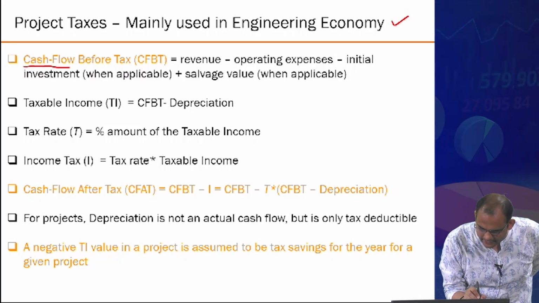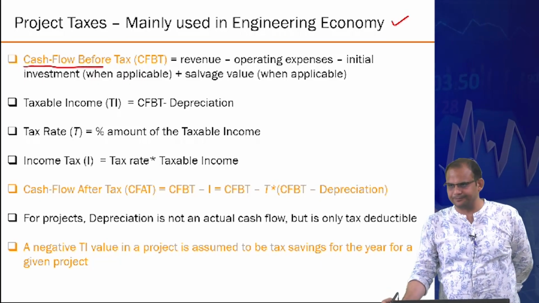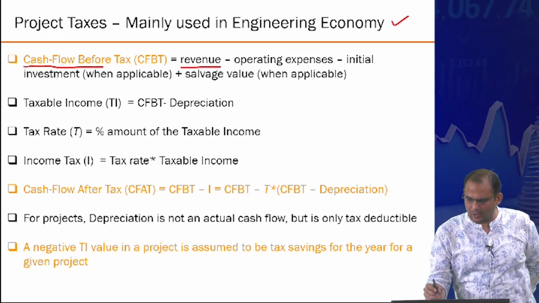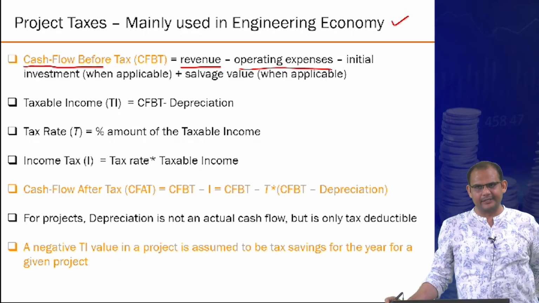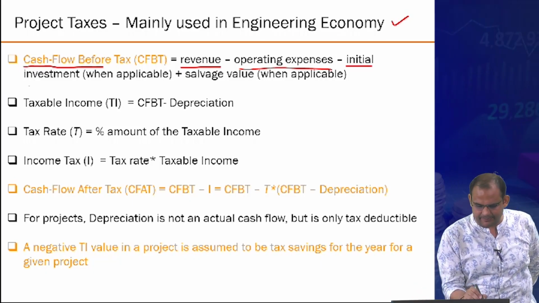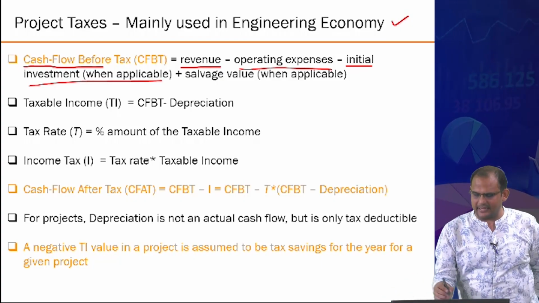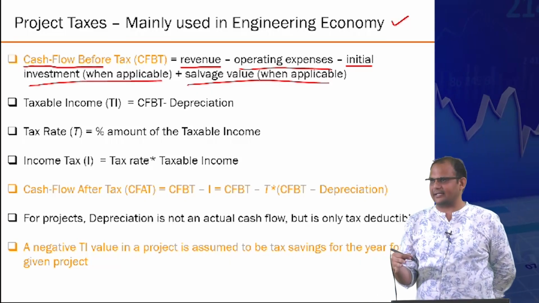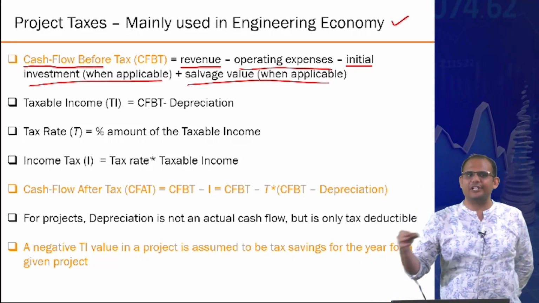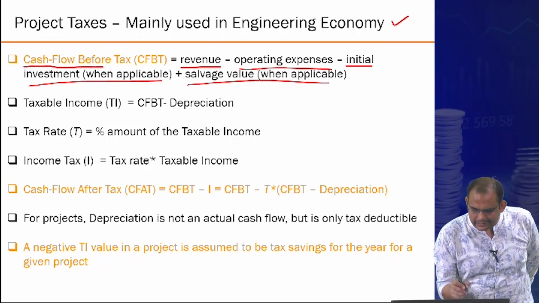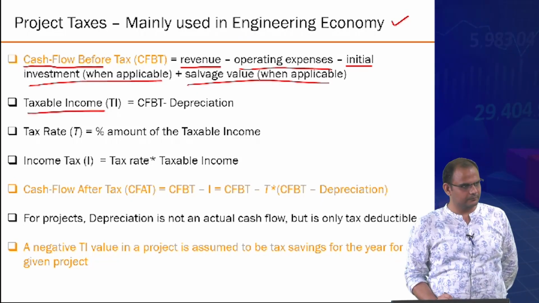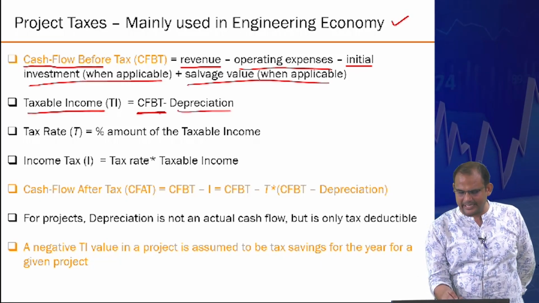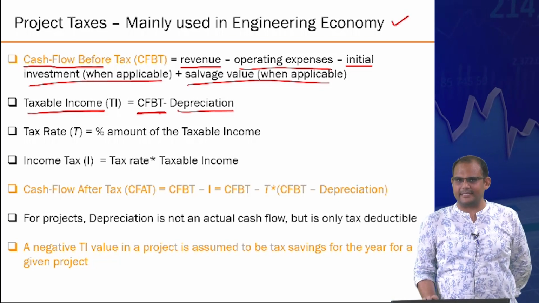There is a concept called cash flow before tax. Revenue goes on the positive side, the operating expenses go on the negative side. If you are making any initial investment, that goes on the negative side, and the salvage value whenever you are getting it. This becomes the net cash flow before taxation, right? For each year you can estimate that. Now your taxable income is still CFBT, which is the cash flow before tax, minus the depreciation amount. Make sense?